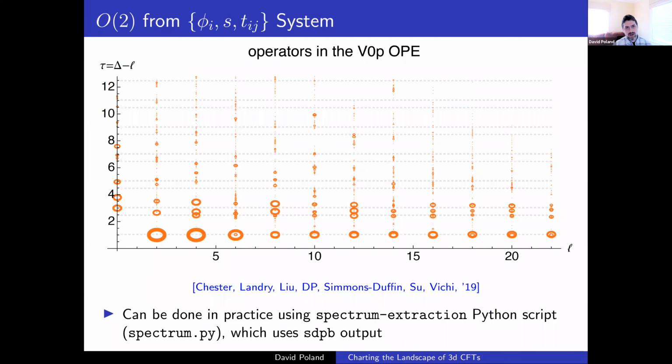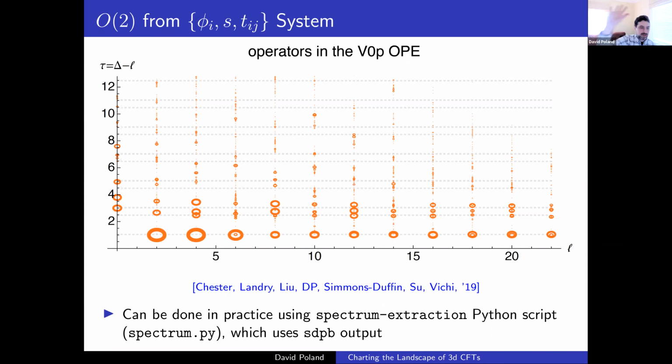So you can look at the locations of these zeros. You can make these kinds of scatter plots where you show, for each value of the spin, what are all the operators that you see as zeros in the spectrum. In this plot, we tested a bunch of different points in this island.